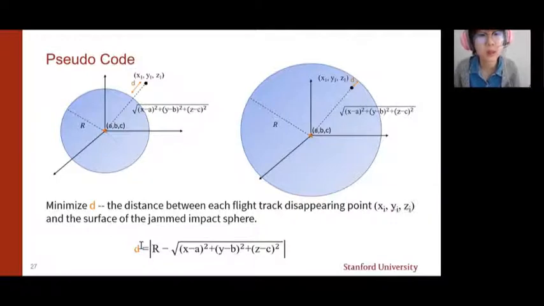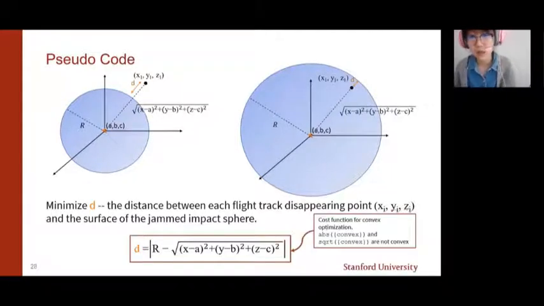So d could be calculated by the absolute value of the radius minus the distance from the point to the jammer. And if you are familiar with convex optimization, you would probably already notice that the absolute value and the square root of a convex function is no longer convex.